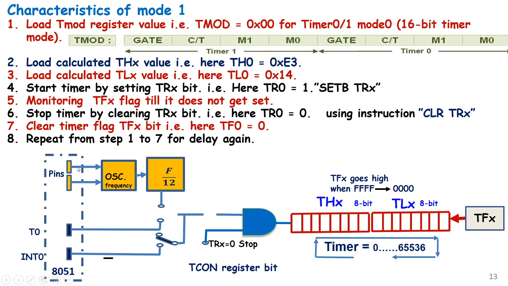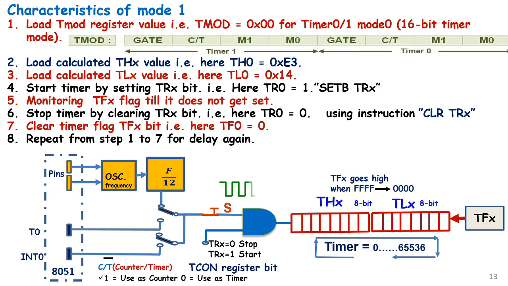So again, how does this mode occur? The clock we take internally from the crystal divided by 12, C/T bar is equal to 0, and at that time the timer is selected; if it is 1, then the counter is selected. Now this switch is closed. Now the pulse is given.